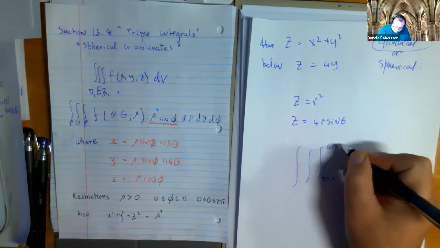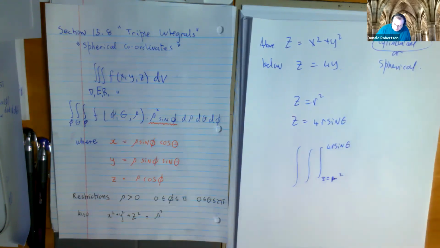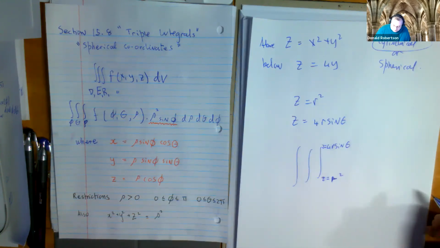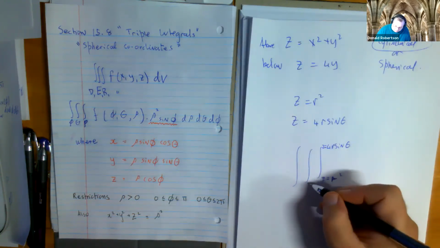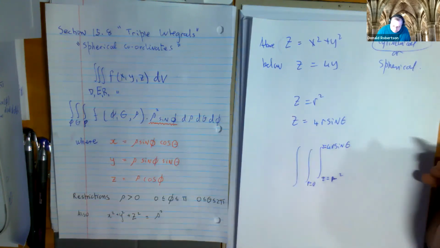I think it's this one. It'd be that guy for z's. Wouldn't the rest just be a circle? So r would go from, what would r go from?